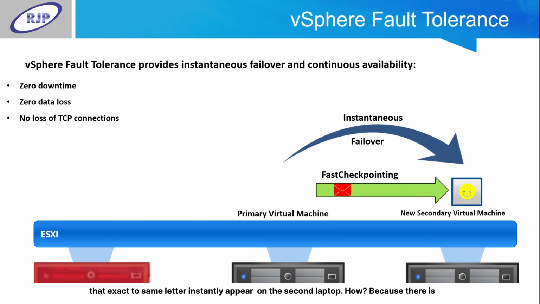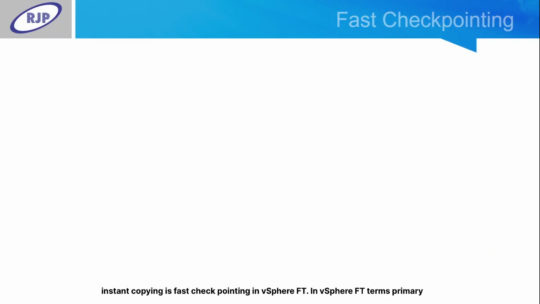How? Because there is a person sitting near you copying your every keystroke instantly. This instant copying is fast checkpointing in vSphere FT.